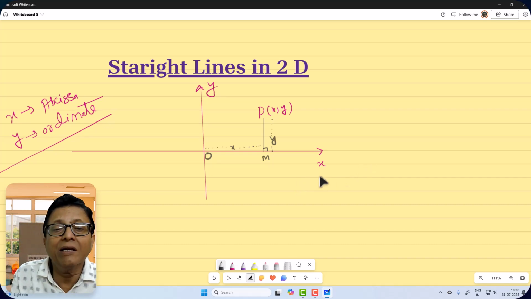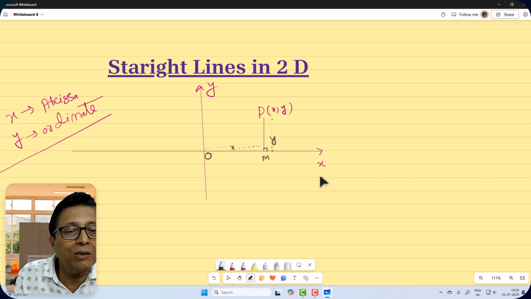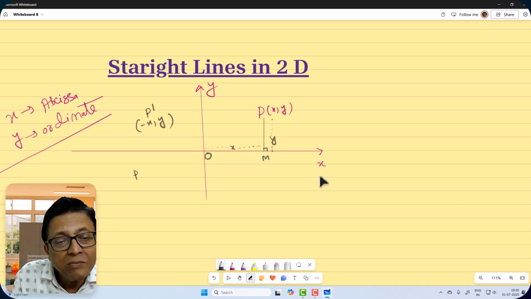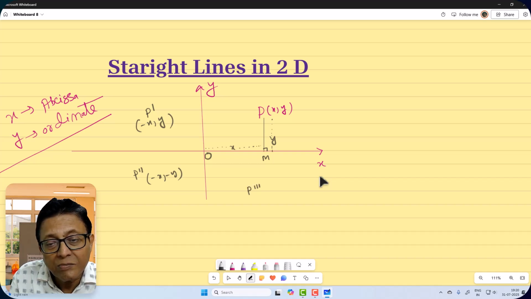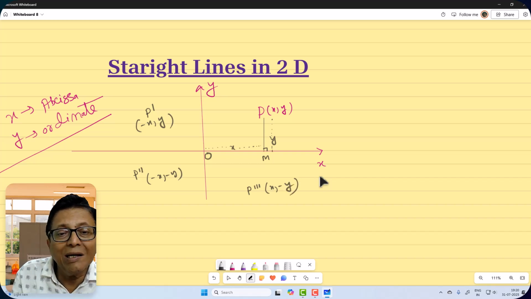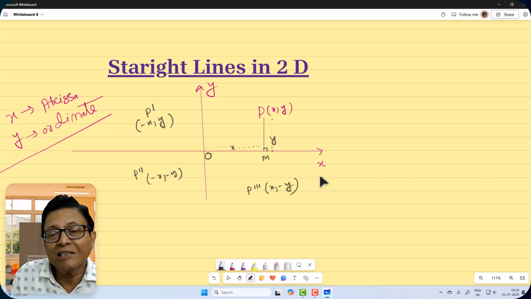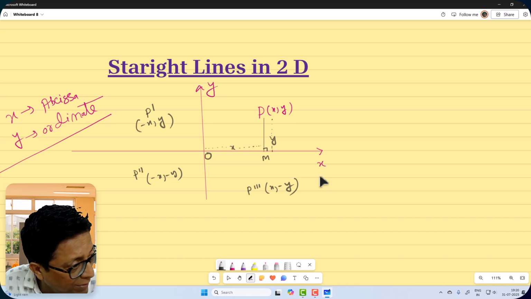It may be in the first quadrant where x, y both positive, maybe here. Here the point has a coordinate of this form (minus x, y). It may be here. It may be here also. Fourth quadrant, y is negative, x positive, so the coordinate of the point may be of this form.